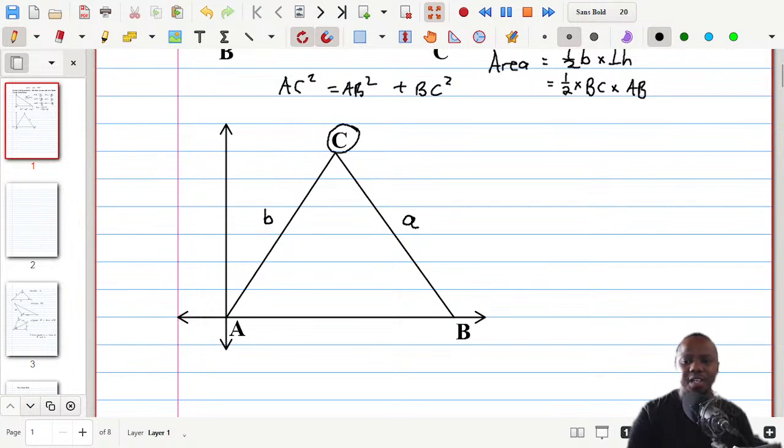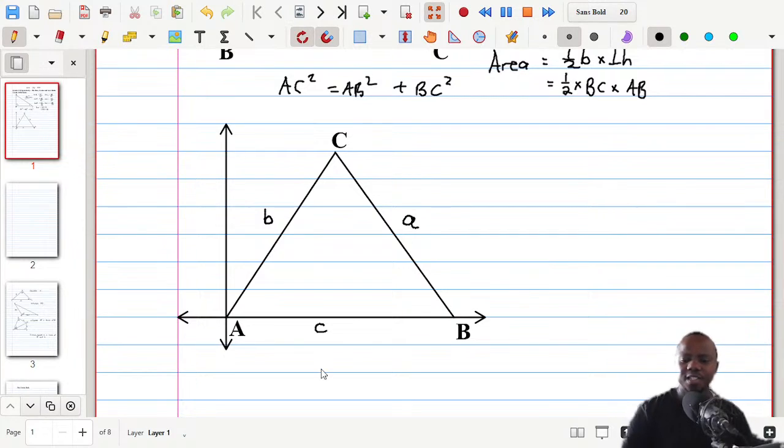If this is capital C, the side opposite to it will be lowercase c. If you remember this from geometry grade 10, when we are naming sides of a triangle, we always need to make sure that we name them according to the angles which are opposite to them. I hope that makes sense.